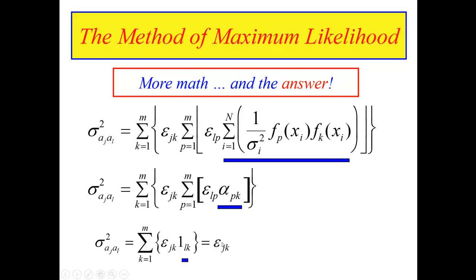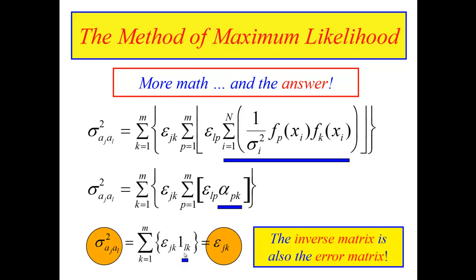I believe this should be jl here at the end, right? It should be jl because it's the jlth term of that matrix, and it represents the covariance between the a_j and the a_l terms in the fit function. So definitely that's what that should be. Oh, by the way, this 1_lk term looks a little bit odd, but 1 here is the notation that we're using for the identity matrix.